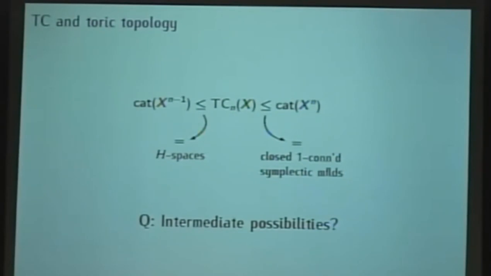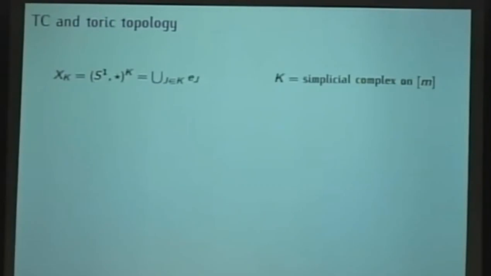Let me describe this situation for you. Look at the polyhedral product determined by the pair S1, a point. This is, up to homotopy, the one that these applied people are using for codifying the movement of a robot with many legs.